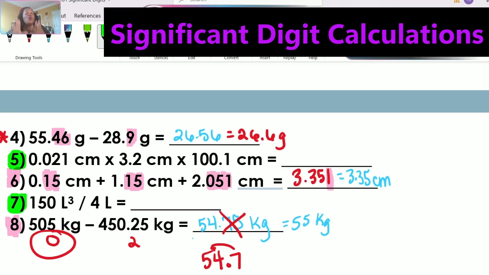So the rules are different for decimals for adding and subtracting versus multiplication and division. So when you're multiplying and dividing, you have to look at the whole number. When you're adding and subtracting, you look at what's after the decimal. Okay? Very good question for clarity.